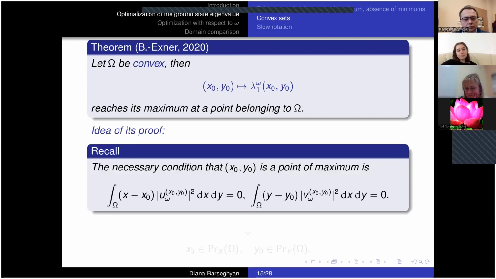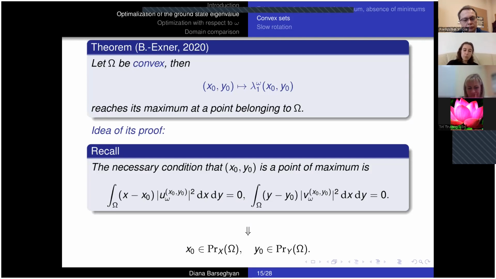Next, please. Again, here I will give some idea of its proof. Here two equations are written which are necessary conditions for x0, y0 to be a maximum. And from here it follows that x0 should belong to the projection of omega on the axis x, and y0 must belong to the projection of omega on the axis y.